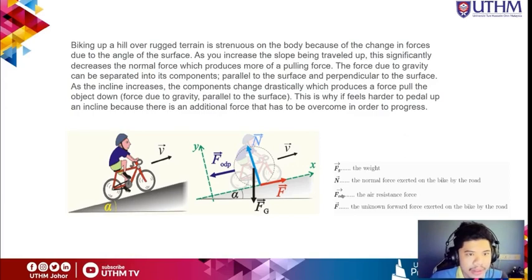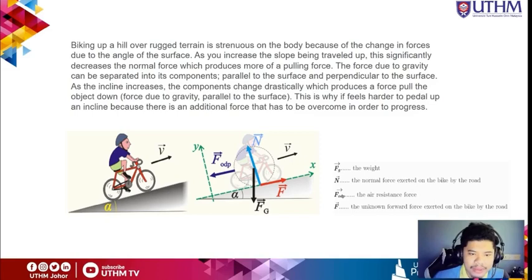Okay, so as the incline increases, the components change drastically, which produces a force pulling the object down due to gravity, which is why it feels harder to pedal up an incline, because of the additional force that has to be overcome in order to progress.